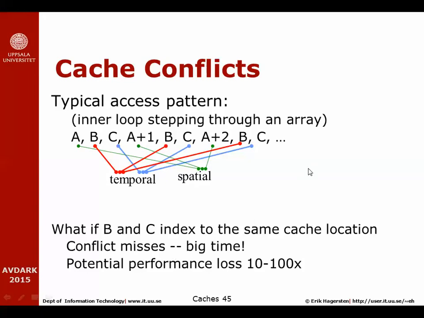And the potential performance loss you would get if you're unlucky and they happen to map to the same index value is maybe 10 or even 100x performance degradation. So this could be very severe, and the performance of such a design would not be very stable. So we need to do something about this.